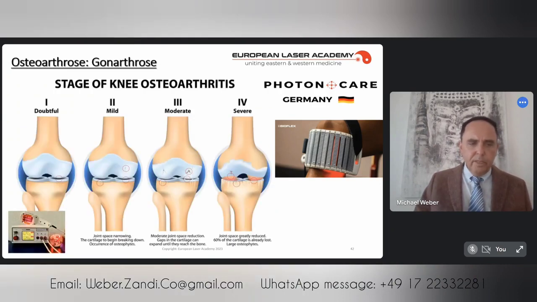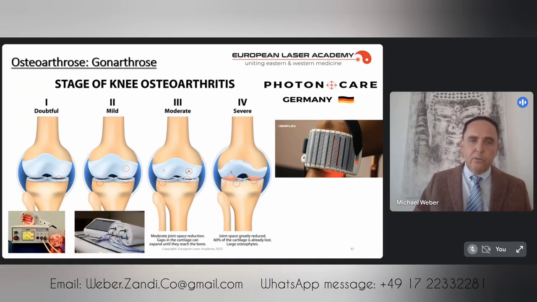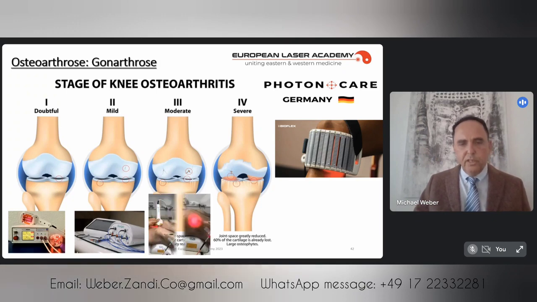So grade 1, usually as seen in both these slides, with good coupling, irradiation transdermally. Grade 2, usually a combination of PRP and interstitial irradiation. Grade 3, interstitial irradiation with PRP and exosomes, and follow-up with several sessions of transdermal irradiation.